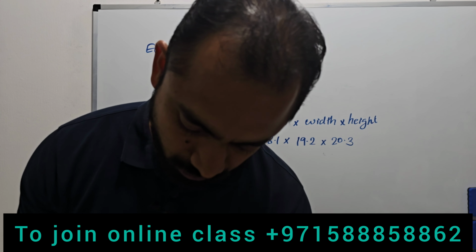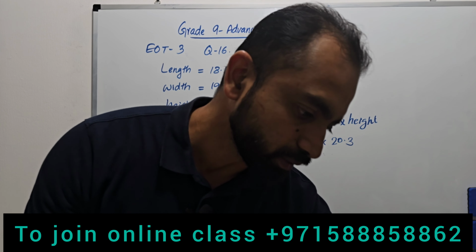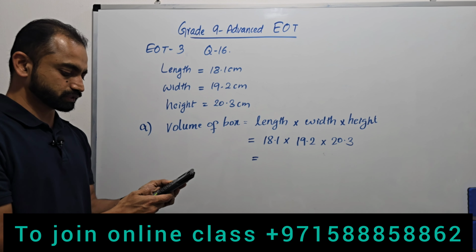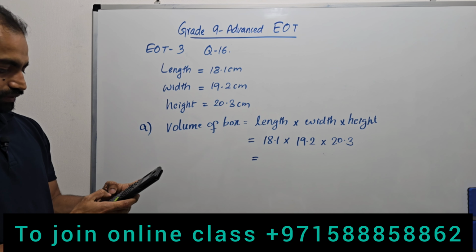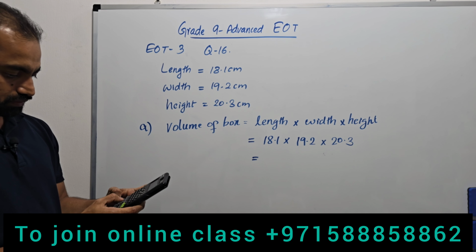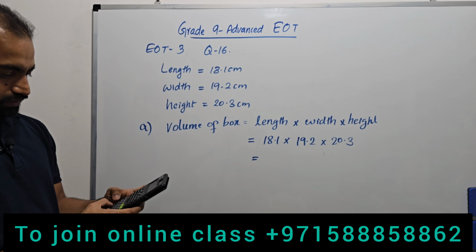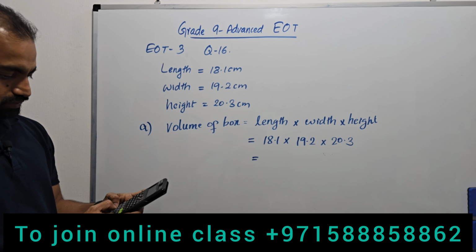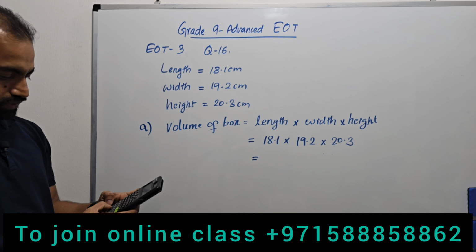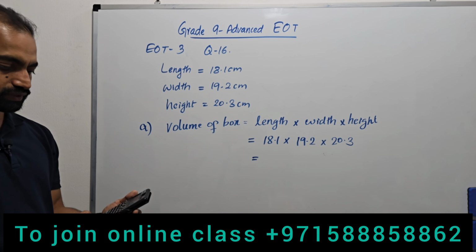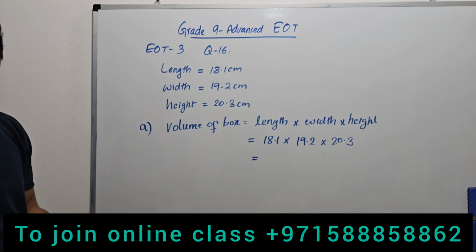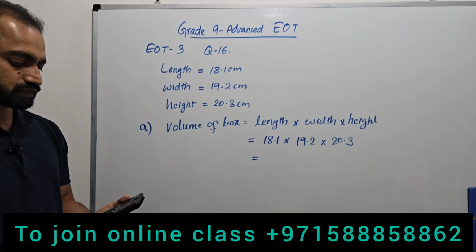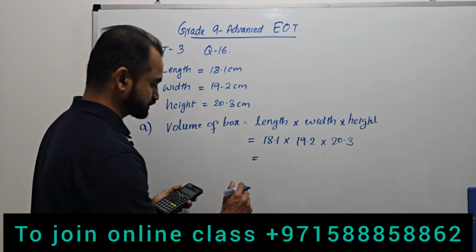So when I use the calculator, what value am I getting? Okay, let me check. 18.1 times 19.2 times 20.3 equal, yes, 7054.656, right?